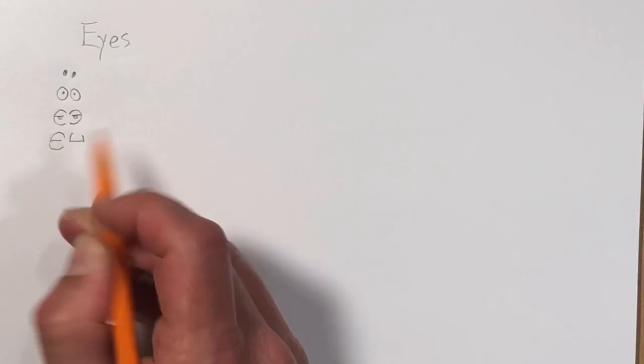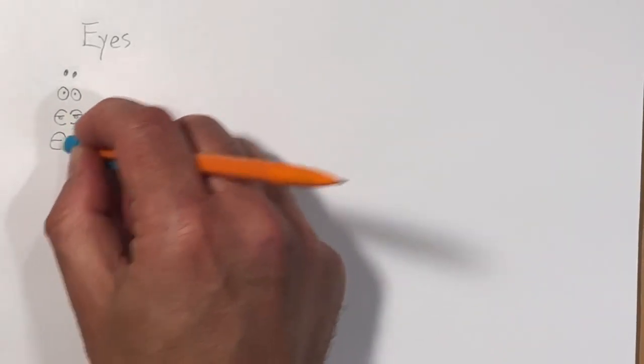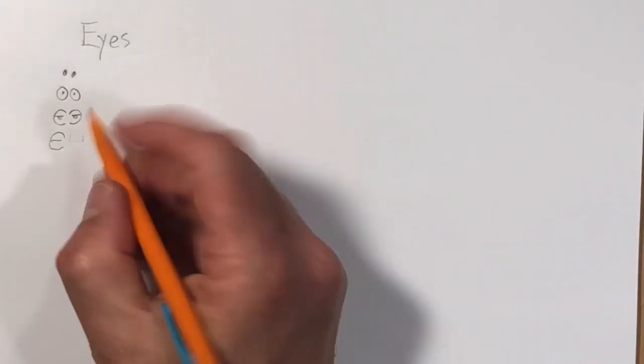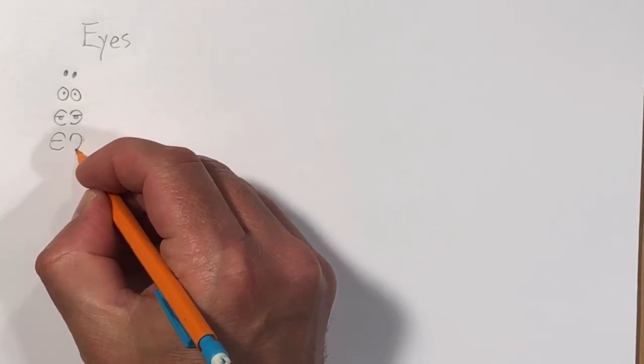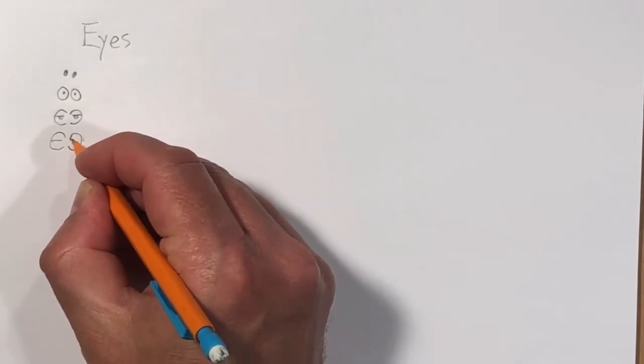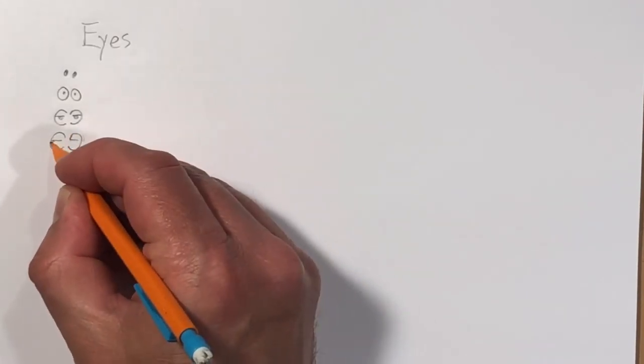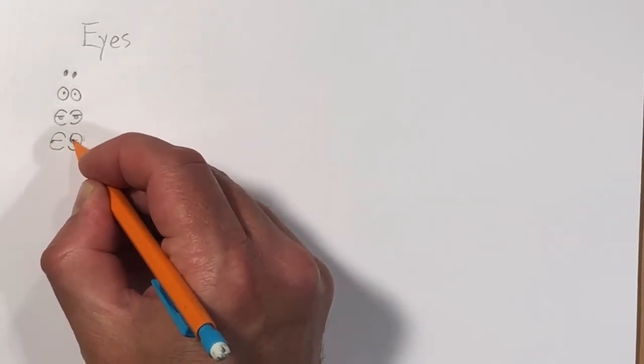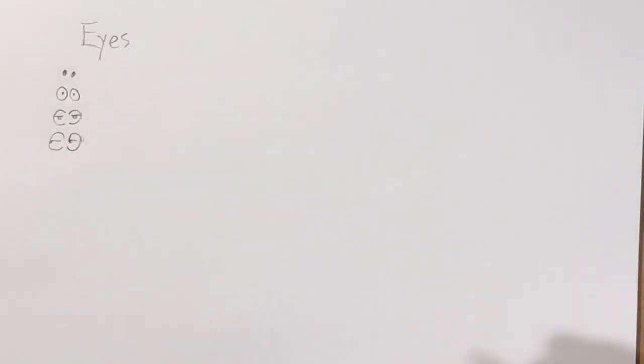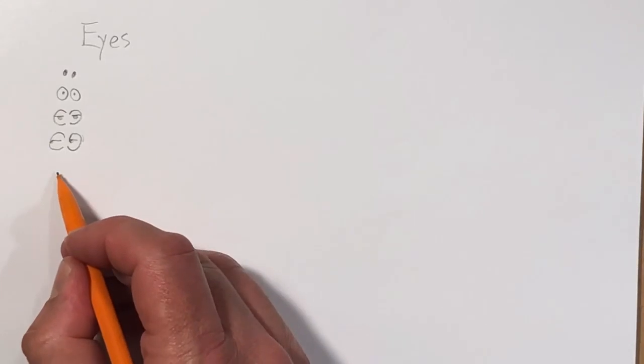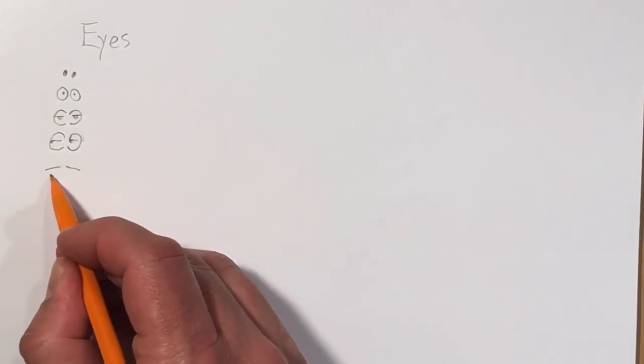Whoops. I guess they start looking like E's, huh? Put it like this, and you can have your person look sideways. You could do a little line with your dot.